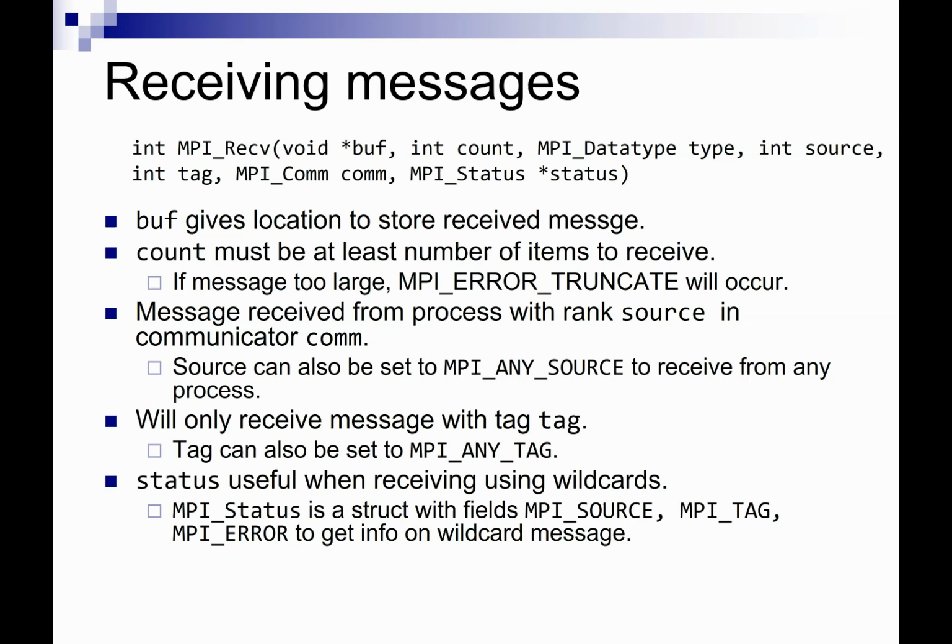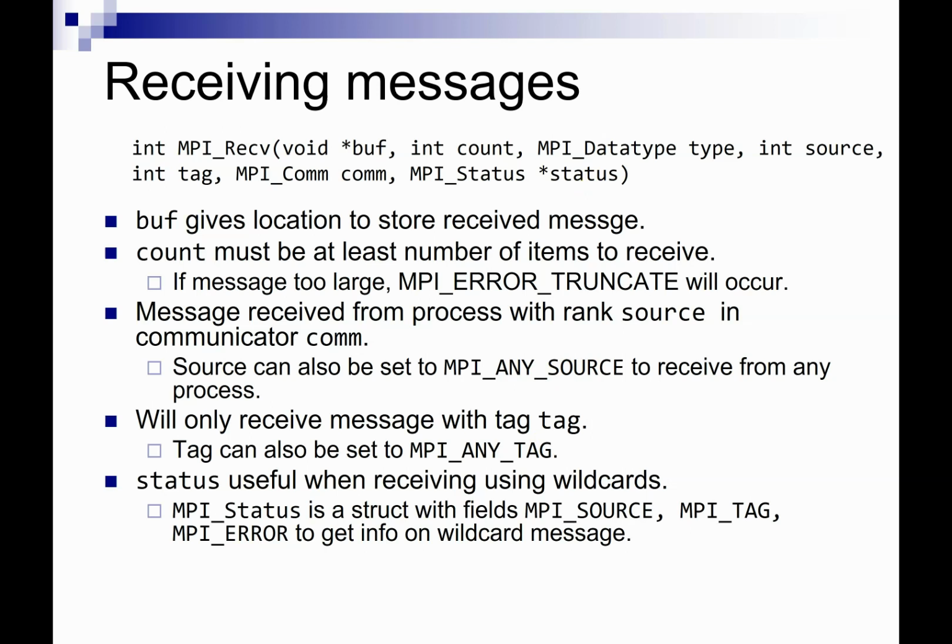And the final thing is we have this MPI status over here. The status is useful when we're using these wildcards like MPI any source and MPI any tag. Because when you get a message, even if you called MPI receive with MPI any source, so you're willing to take the message from any process, after you receive that message, you still want to know which process it came from.